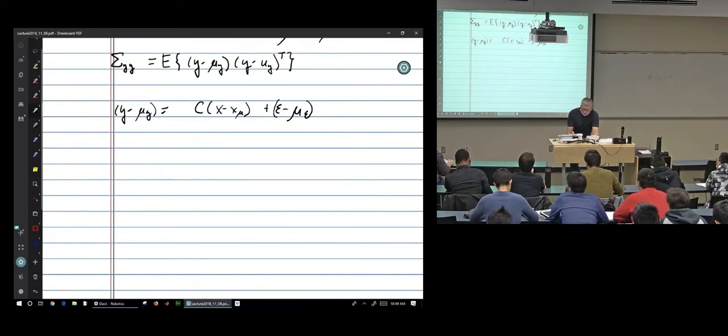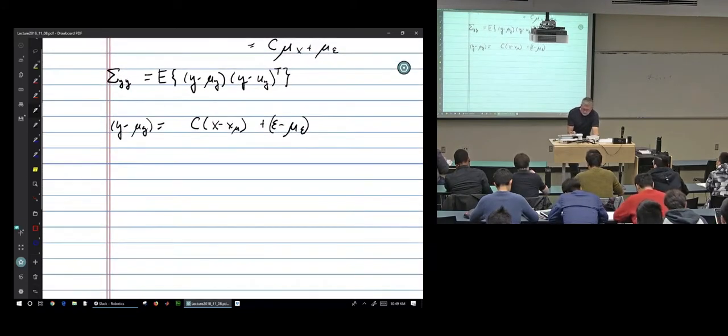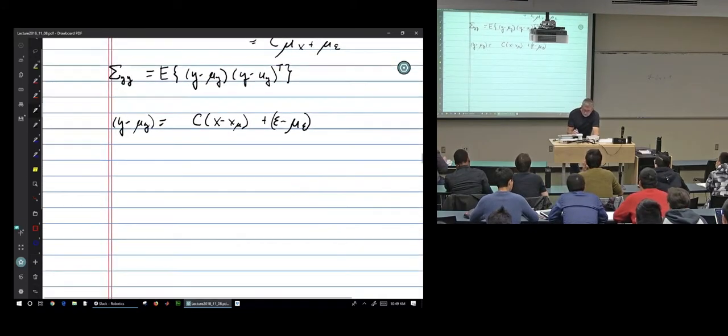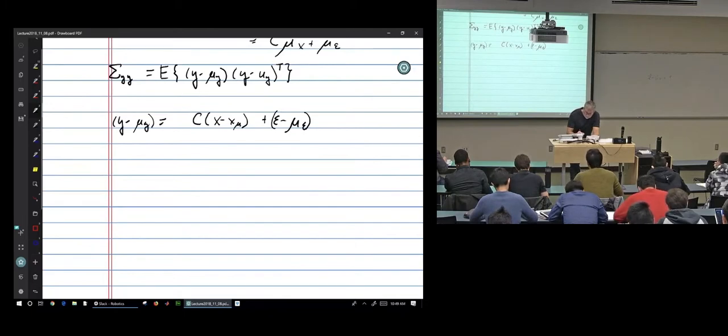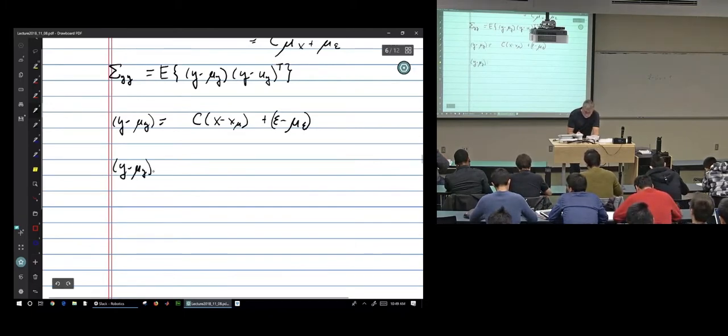So then what does this product, y minus its mean times y minus its mean transpose, look like? Let's just form y minus mean of y times y minus mean of y transpose.